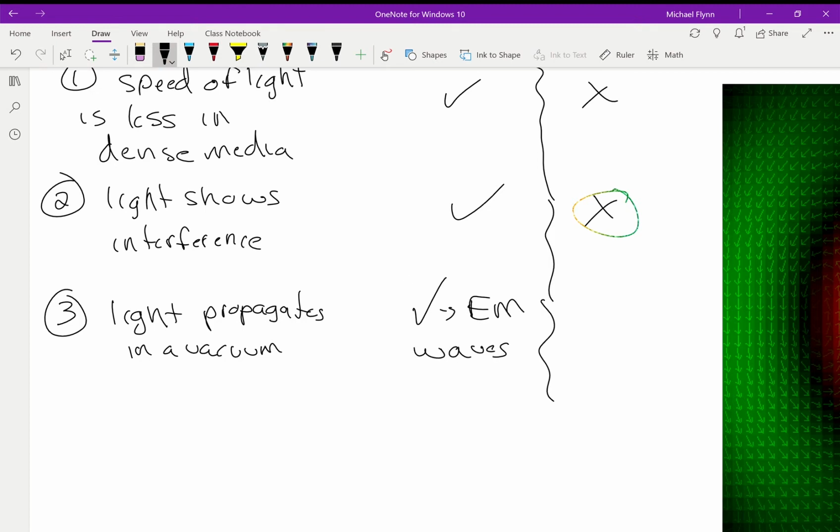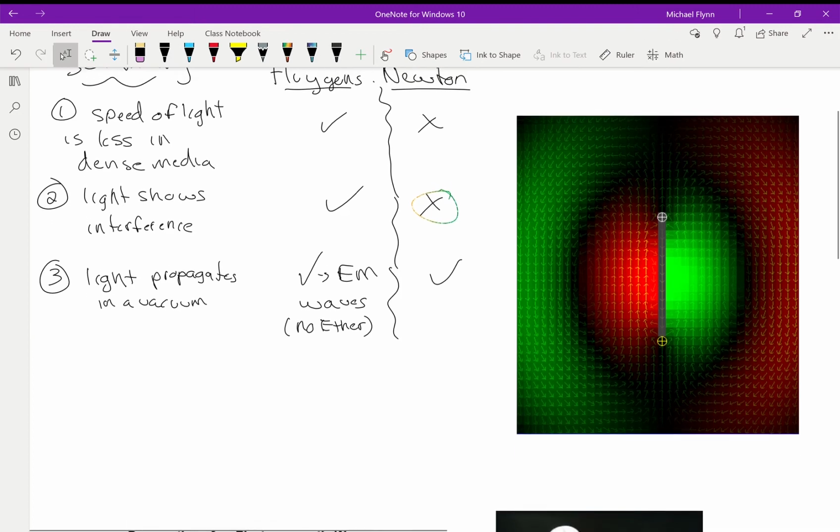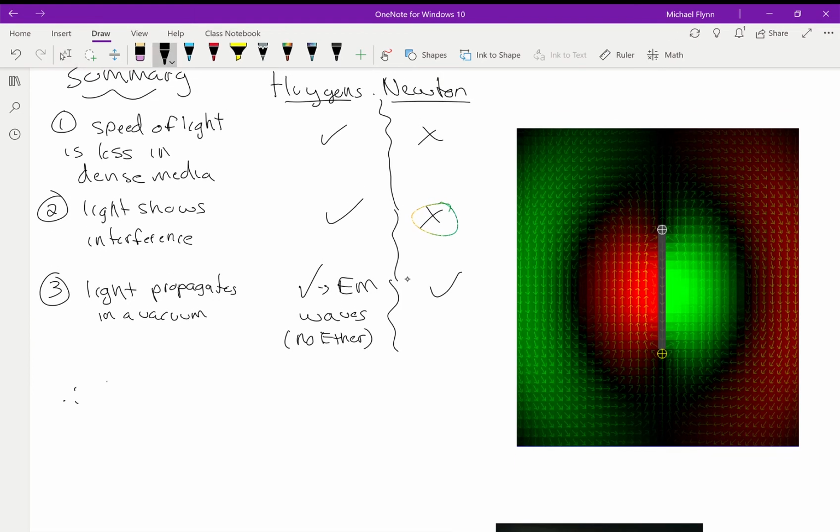Okay, so no ether, like he thought. That was sort of his biggest blunder. But what else? He didn't know about all the stuff about electricity and magnetism. He didn't have the benefit of that knowledge. Now, actually, Newton could explain this. That's one thing in favor of his theory. He could explain that. But anyway, the result was, what is light?